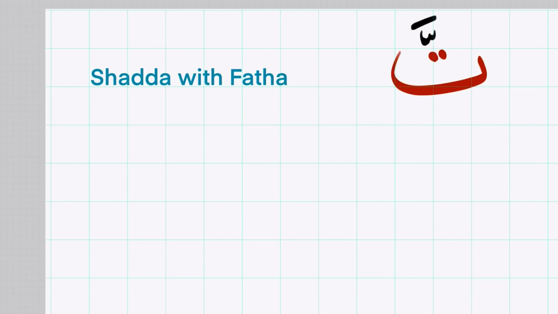This session, if you remember, following the same sequence from the previous lesson, the letter ba, it's going to be shadda with fatha. I'm emphasizing the letter, and the pronunciation will be itta. The next style of shadda will be shadda with dhamma, and it should be ittu.